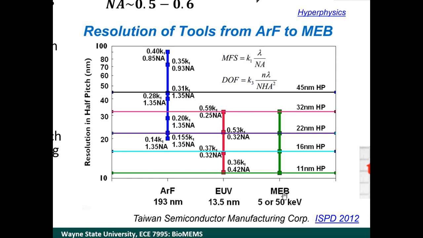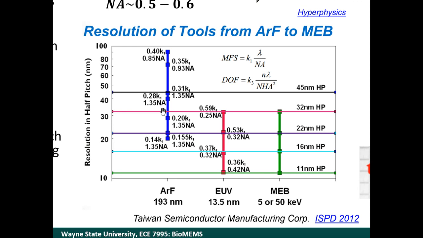So this chart was basically showing the resolution in nanometers on the y-axis and the different technologies. With this laser, for example, this line shows you the different resolutions that you can get with this tool.